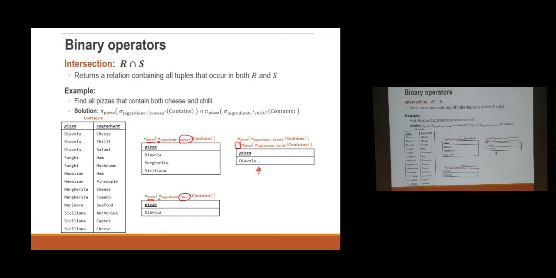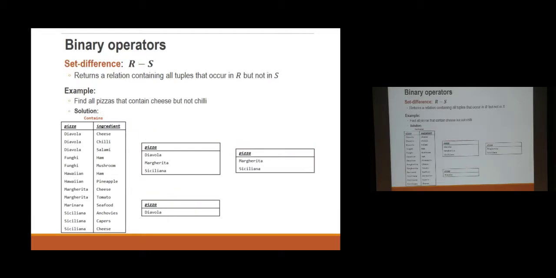So the last one is set difference. Pretty much similar, but it's a different kind of question. It contains cheese, but not chili. Okay, the intermediates are all the same, but the last one, instead of doing an intersection, what you do is you do a set difference. Okay, to get this, it contains cheese.